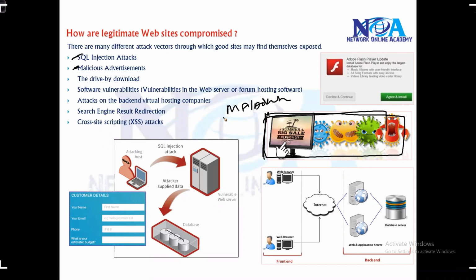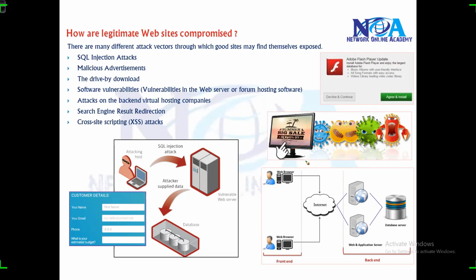The attacker uses some kind of online advertising to spread malware, so it can be one of the ads from the attacker. When you click on that particular link, it will redirect to some specific website, and at the backend it may automatically install some kind of malware, or those things can happen in the backend.